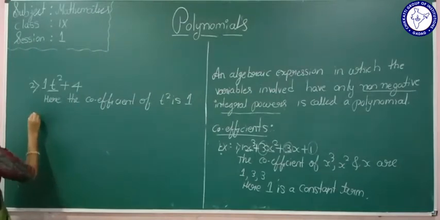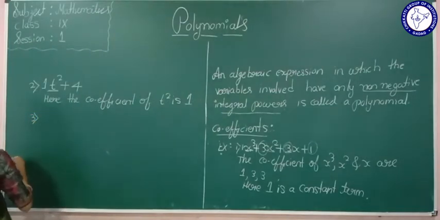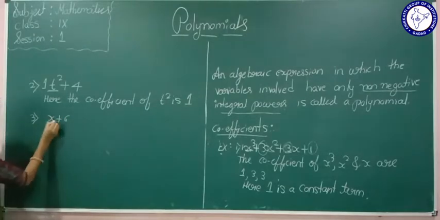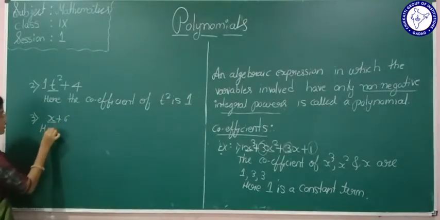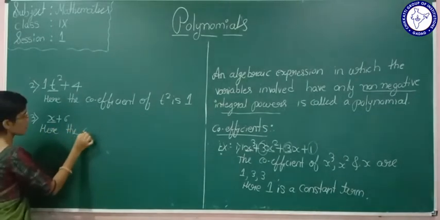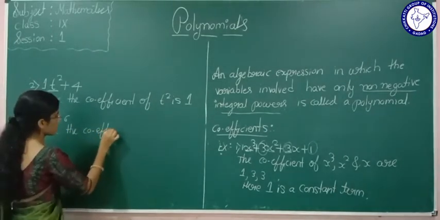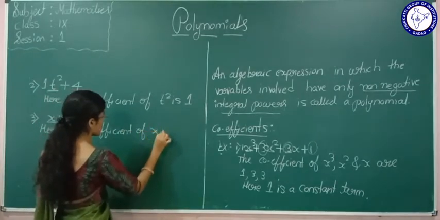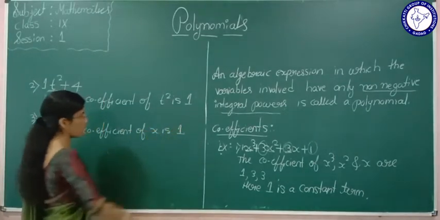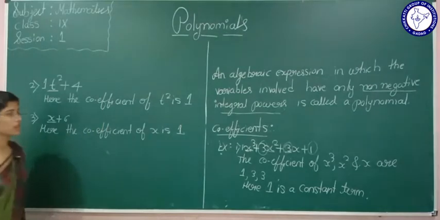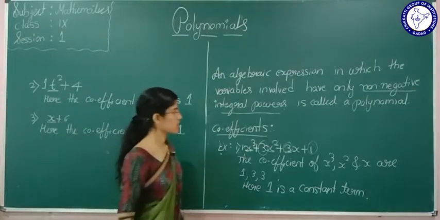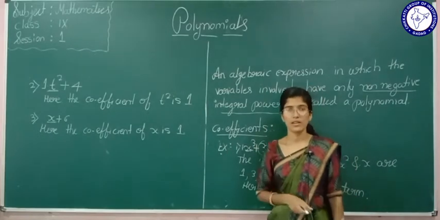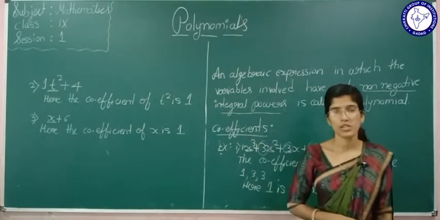Take example number 3, x plus 6. What is the coefficient of x? Here the coefficient of x is 1. Okay. Now we come to know what are the coefficients of a polynomial and what is a polynomial, right?